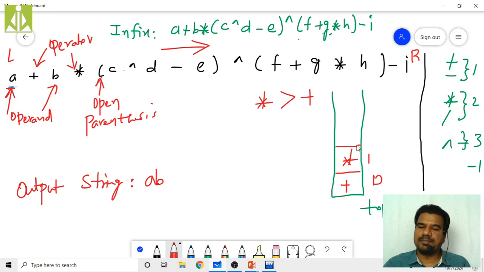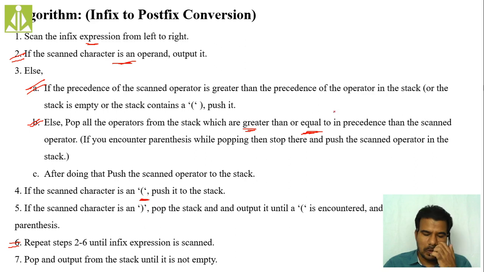Don't check any precedence. Simply push it to the top of the stack. So now it got pushed and we have here the top value as 2.